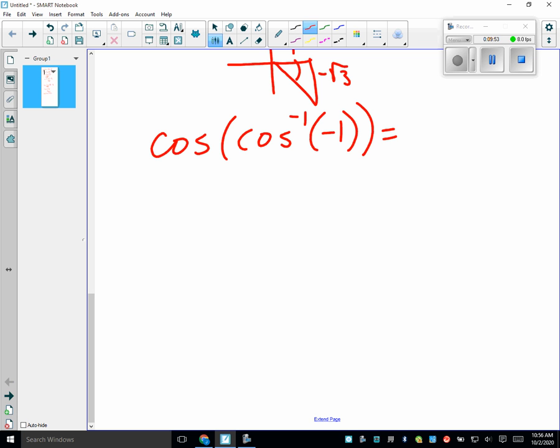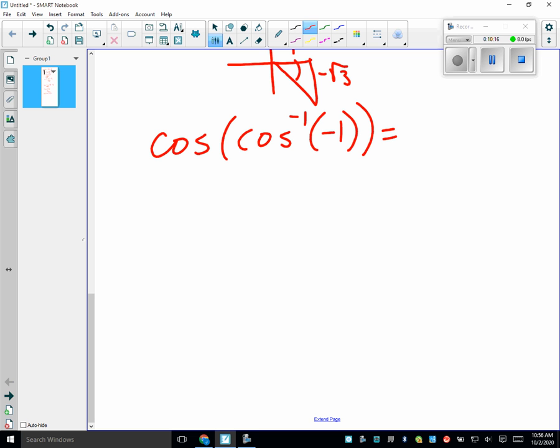You asked for a quadrant. Is it in a quadrant? Do you remember that I said cosine is -1, 0, or 1, it's on an axis? Do you remember that?